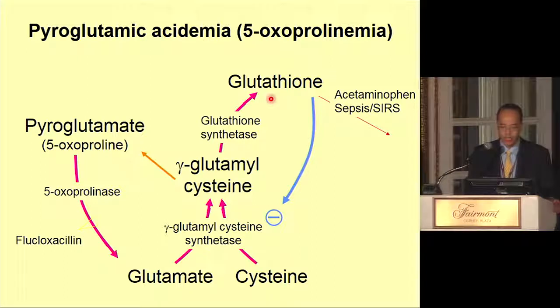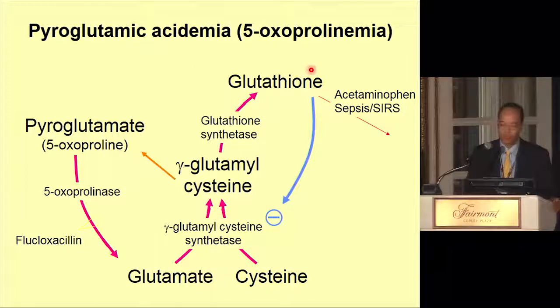What this is showing here is the metabolism of glutathione, which you all know is a metabolite that we use intracellularly as a reducing metabolite that basically mops up oxidative stress. It's generated from the amino acids glutamate and cysteine by the enzyme gamma-glutamyl cysteine synthetase. But glutathione feeds back negatively to inhibit this enzyme.